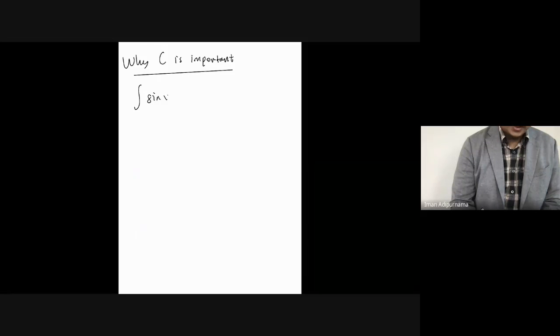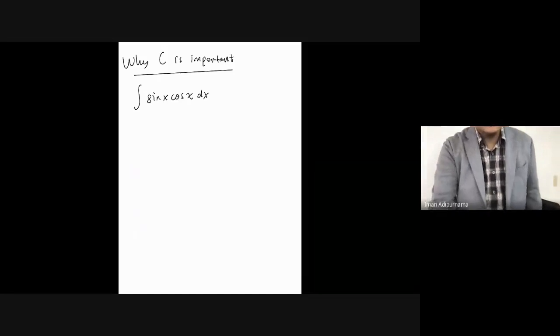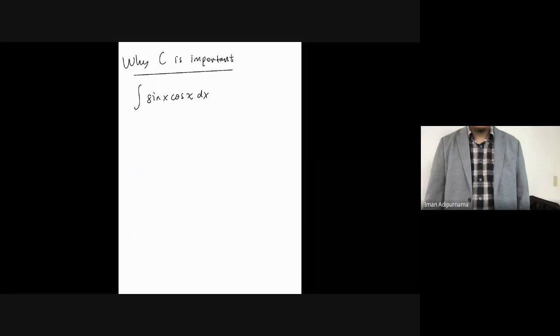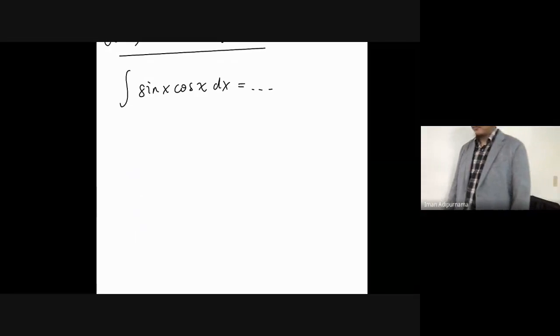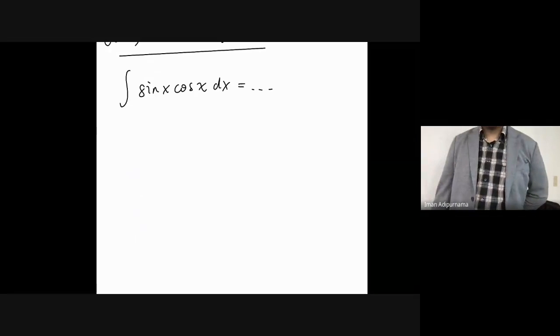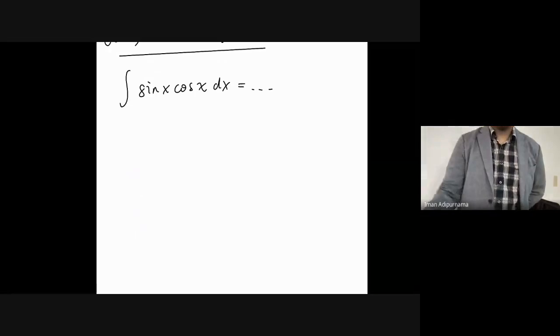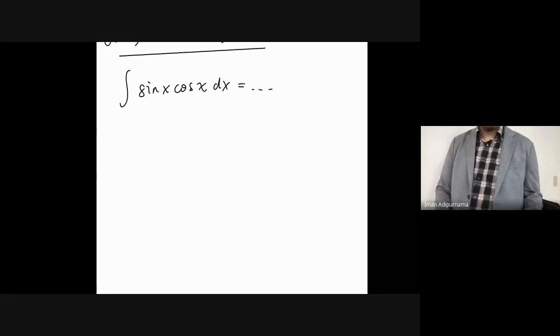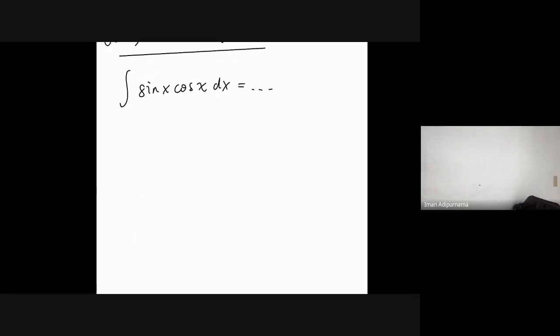If you have sine x cos x dx, you can use substitutions.